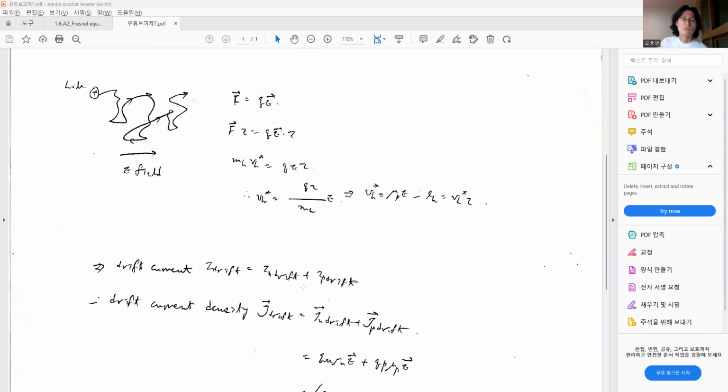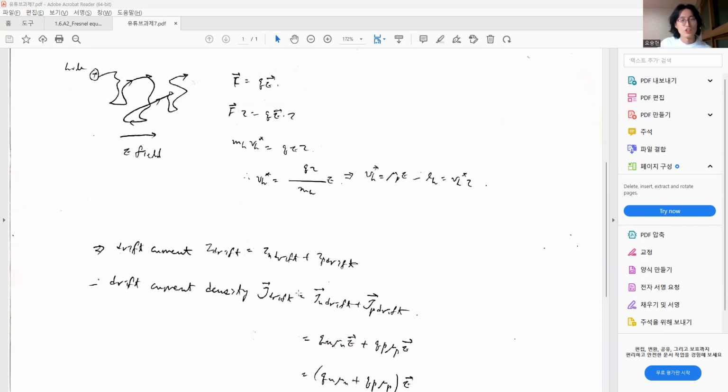And also when we divide this equation by the area A, we can know the drift current density, which has a similar relation to the drift current.